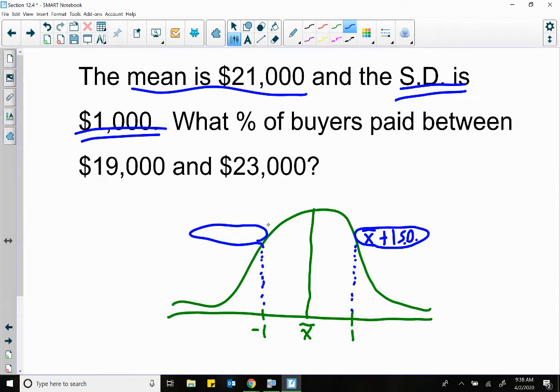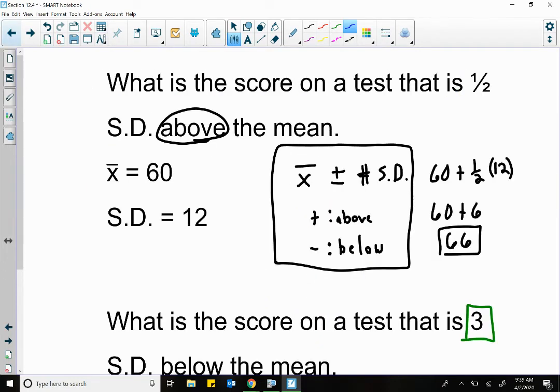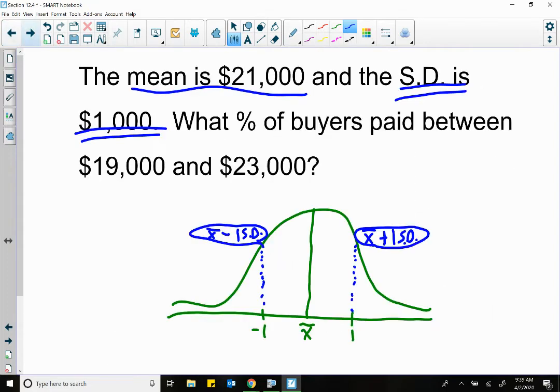If I want to figure this spot out right here, I'm going to take the mean minus, because I'm below 1 standard deviation. This is just like what we did right here. We're just putting it back on that normal curve. And so right here, we know what the mean is. Up here, it says that the mean is $21,000.